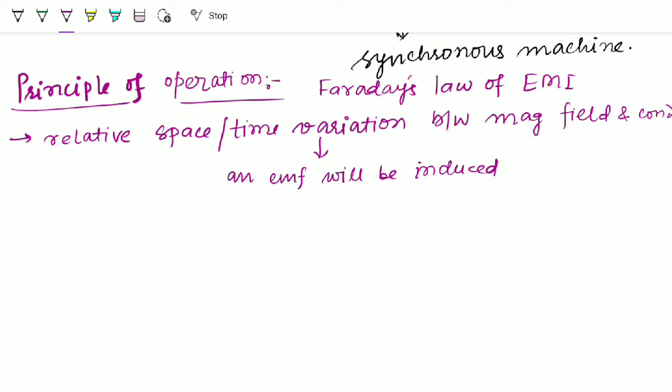The direction of this EMF is given by Lenz's law, which says that the induced EMF will be such that it will oppose the cause which is generating this EMF.